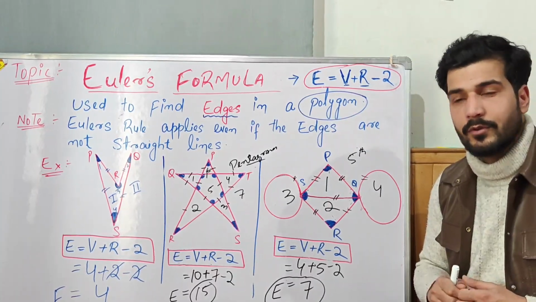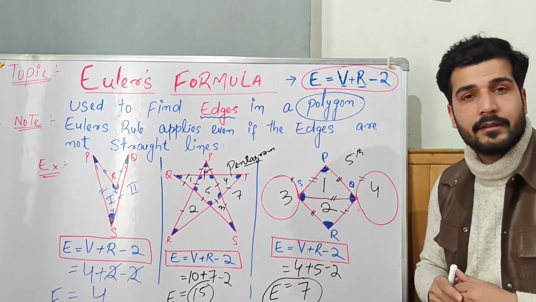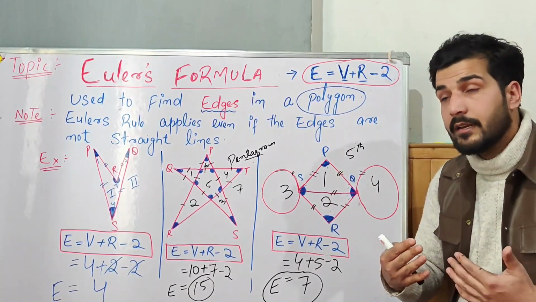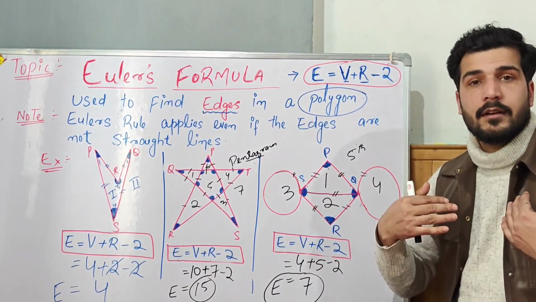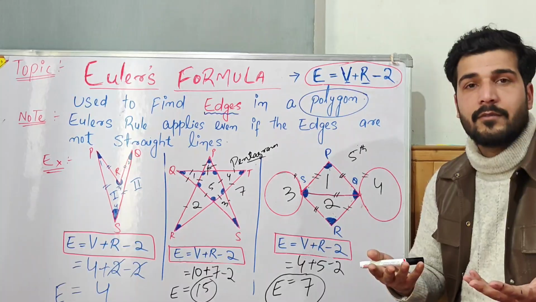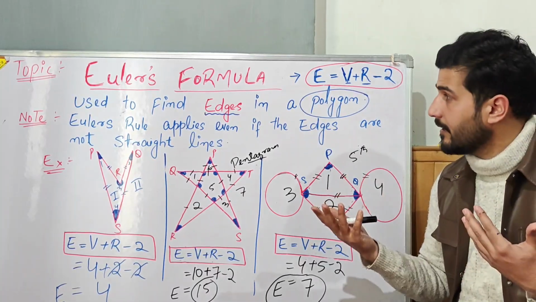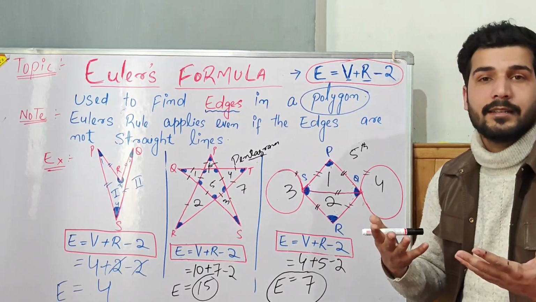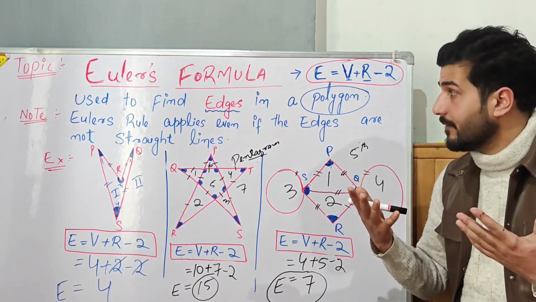So I hope you understood today's topic, which is based upon Euler's formula, why Euler's formula is necessary in the field of mathematics, and why it is necessary when it comes to defining polygons.